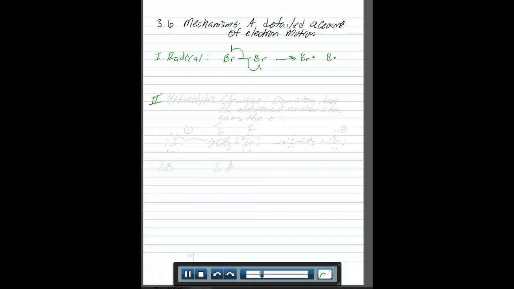The second type, which we are going to talk about, is heterolytic cleavage or heterolytic breakage. This is where one atom loses the electrons and another atom gains the electrons.